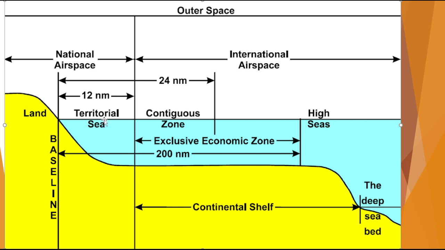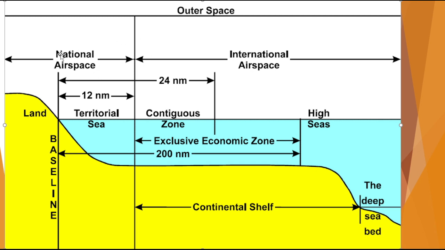Now just look above the words territorial sea: national airspace as well. This implies that the line at which the territorial sea breaks into the contiguous zone, the line 12 nautical miles from the baseline, all the area above it and above the land itself would be national airspace, right?